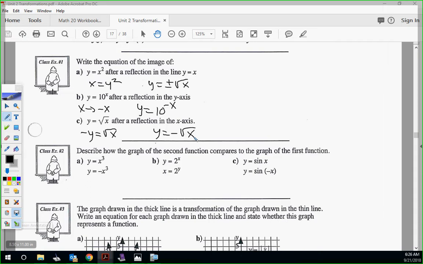Describe how the graph of the second function compares to the graph of the first function. So x cubed, negative x cubed. So we see the negative in front. For this one we got to pay attention to two things. One, it's odd, so that could actually mean two things. It could either be negative f of x, which is reflect on the x-axis, or it could be this as well.